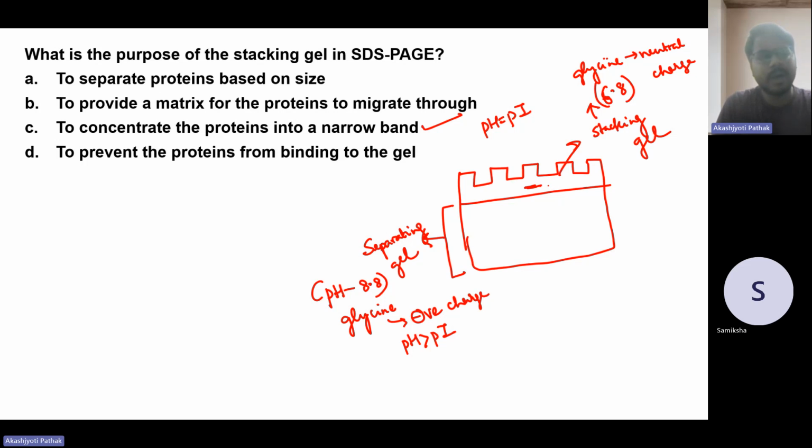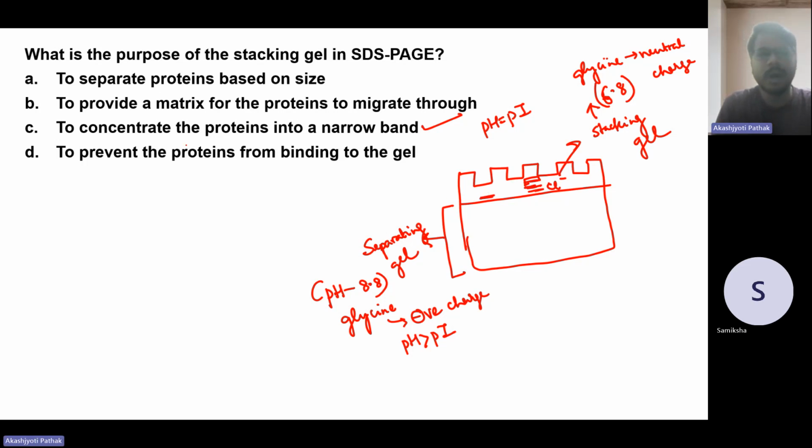You have added SDS to your protein, since the loading buffer has SDS, so the protein gets negatively charged. So your protein migrates faster than the glycine. The glycine is present behind the protein, and the NaCl and chloride ions migrate ahead of the protein. So in the stacking gel, your protein gets sandwiched between the chloride and the glycine molecule. This helps in forming a very narrow band.